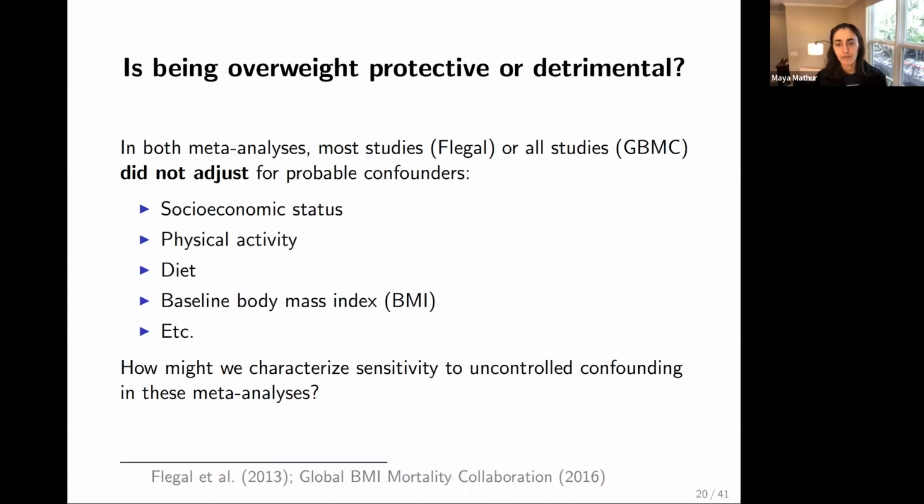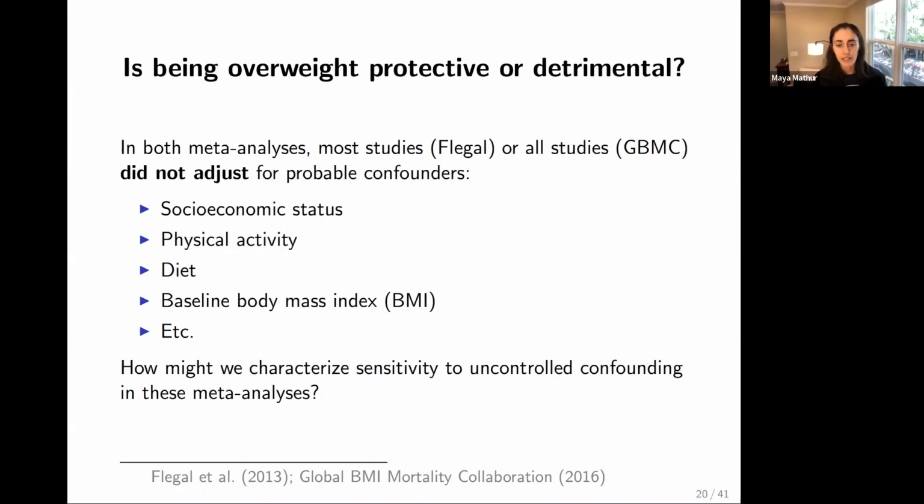So most or all studies, depending on the meta-analysis, did not adjust for socioeconomic status, physical activity, anything about diet, baseline body mass index, and other possible confounders. Again, why be concerned about these? Because these are variables that could plausibly affect someone's BMI and also independently affect their mortality.